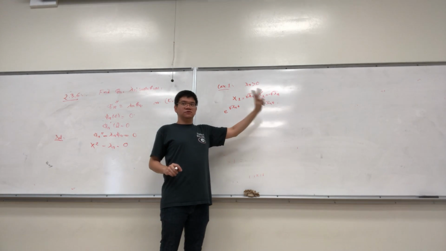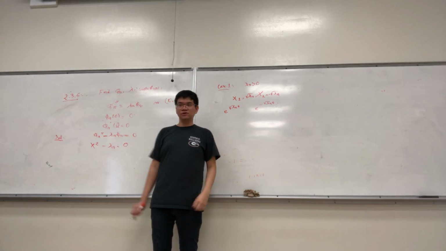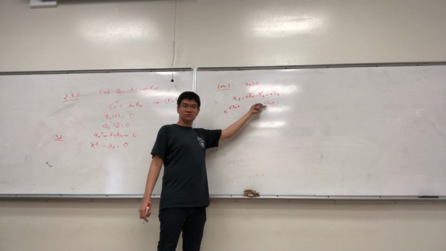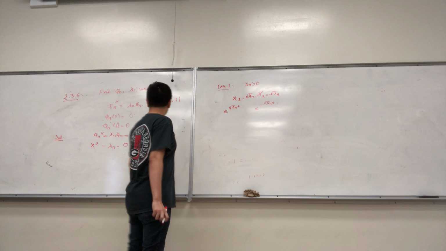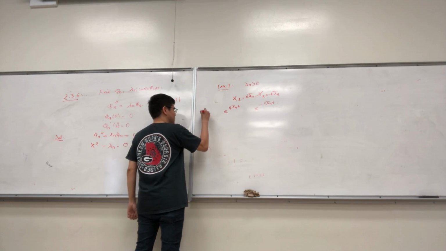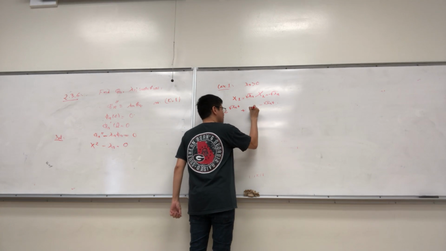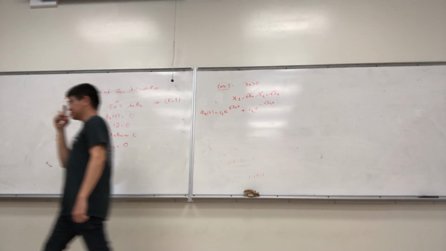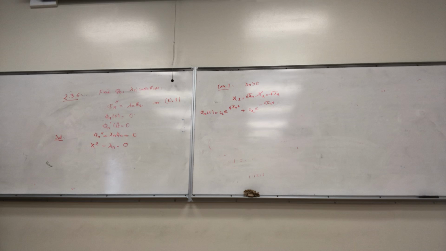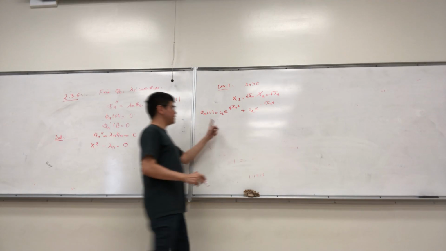This gives you two solutions for this differential equation, the exponentials of those roots. So now phi n will be the linear combination of these two, right? All right. Now we have a general solution, and C1 and C2 are constants.